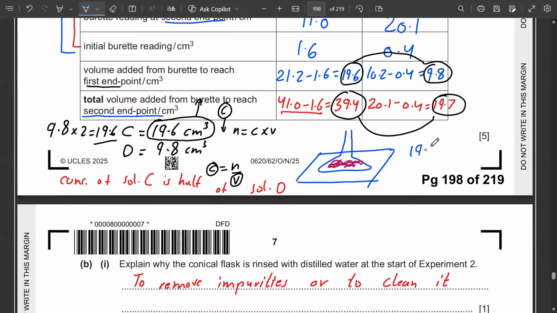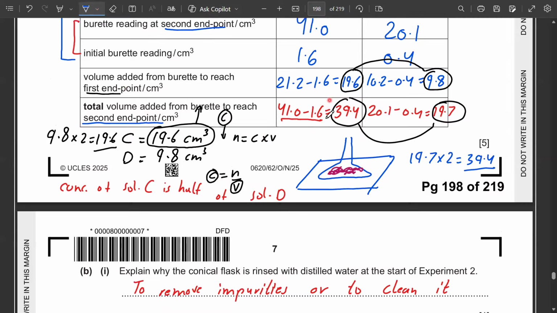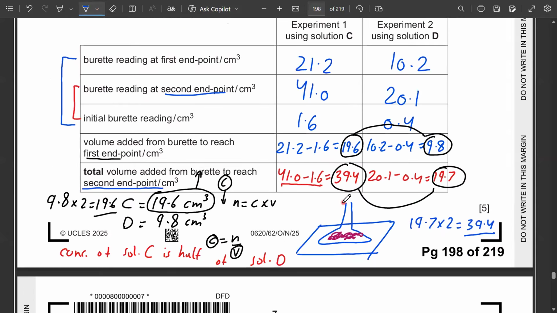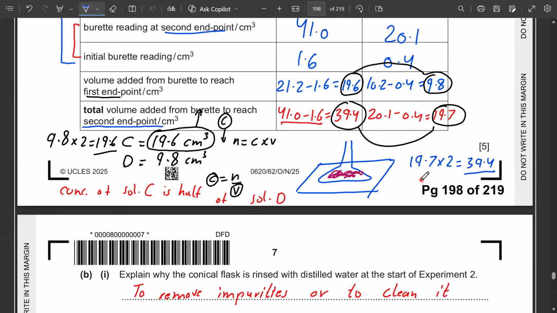If you check from the calculator, 19.7 times 2 will give you 39.4. So again, same results. We have used more volume of the solution C in experiment 1, and that means it has half the concentration as compared to the solution D.